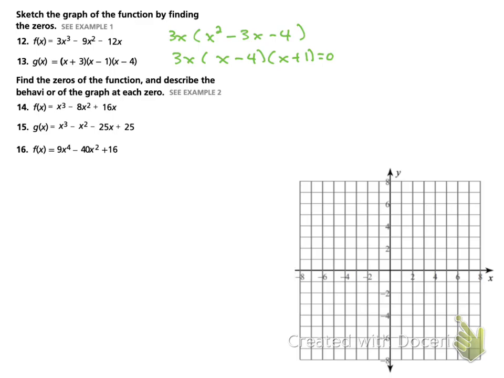So I set all three factors equal to 0. 3x equals 0. X minus 4 equals 0. X plus 1 equals 0. So we get x equals 0, x equals 4, x equals negative 1. So I'm going to mark those zeros on my graph.